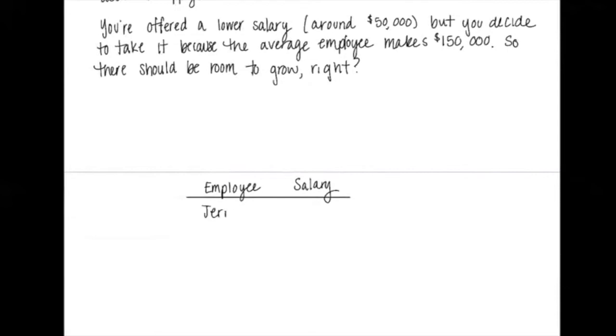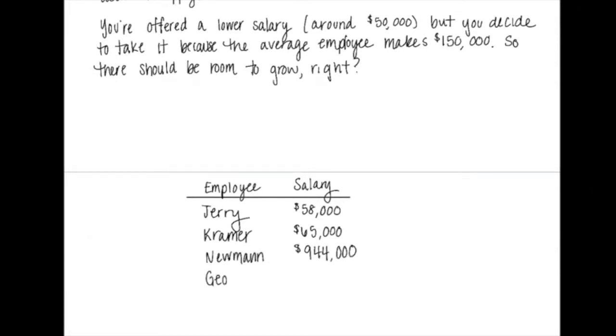So a different employee, Jerry, makes $58,000 a year. Kramer makes $65,000 a year. Newman, who is the owner of the company, makes $944,000 per year.